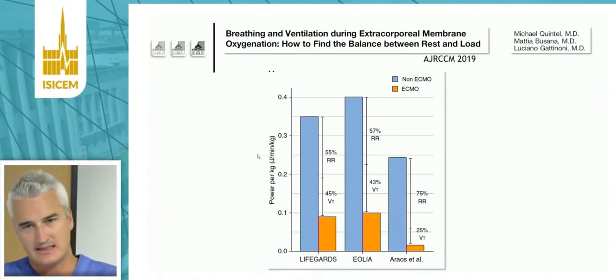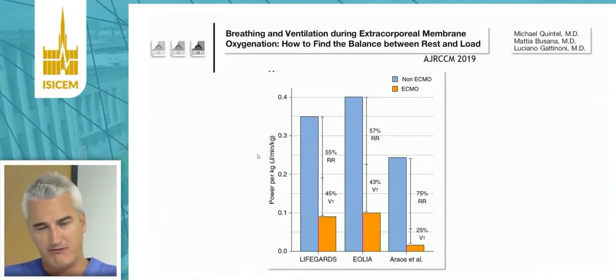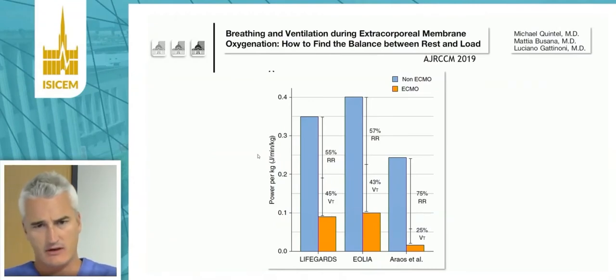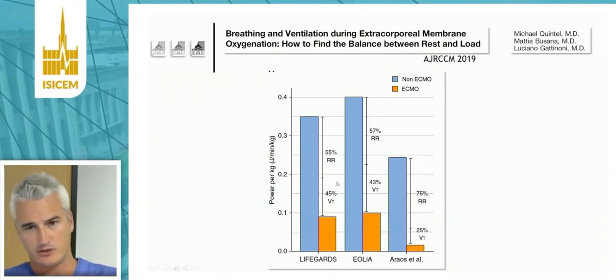And when you look at the proportion of mechanical power reduction, in the LifeGuard study, an international cohort, you see that the mechanical power was markedly reduced, but the respiratory rate accounted for 55% of the mechanical power reduction. If you look at the Eolia trial, it was quite the same proportion.